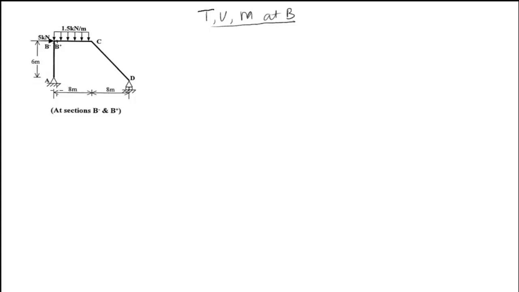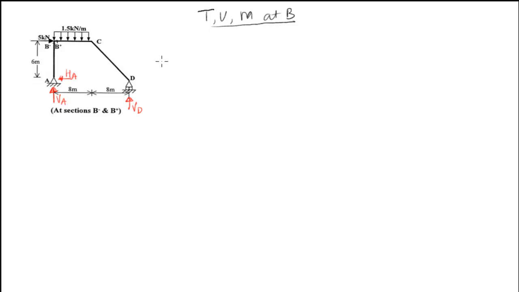Now we have a hinge support here, so actually we have two reactions, right? So we got one here I call VA, and this one going this way I call HA, okay. And roller support, so we have only one reaction, which is VD, okay.